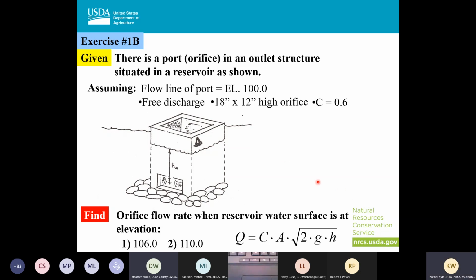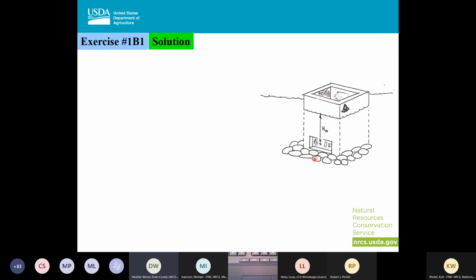All right, I'm going to start going through these a little bit here. For this first one, the first thing we're going to figure out is what the center of our orifice is. Again, the elevation on the bottom of our orifice was at elevation 100, and we knew that the height of this was 1 foot.